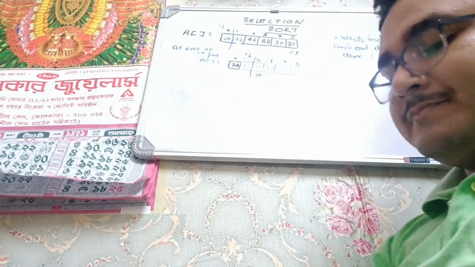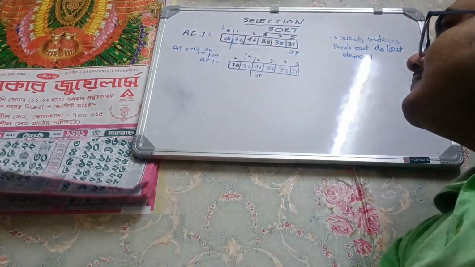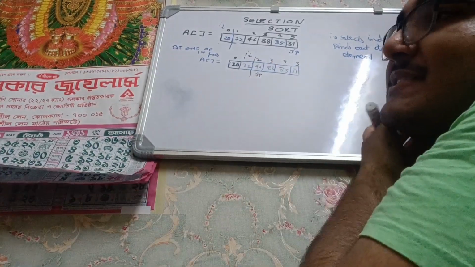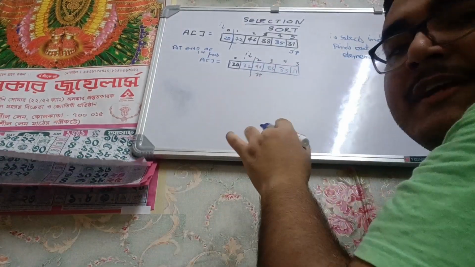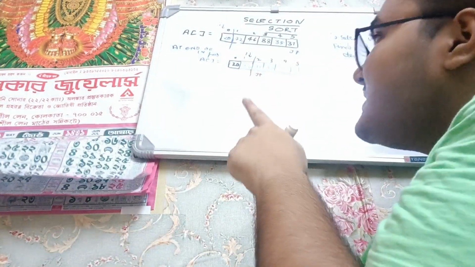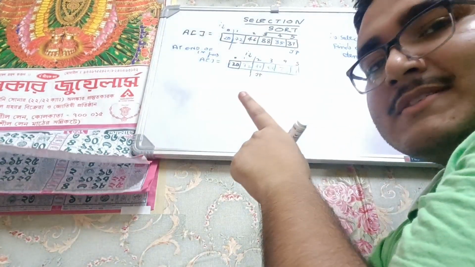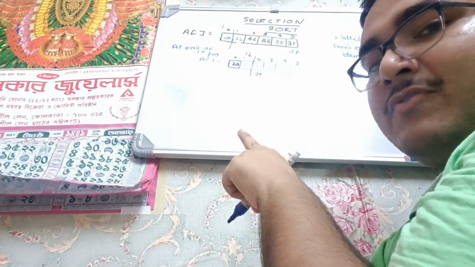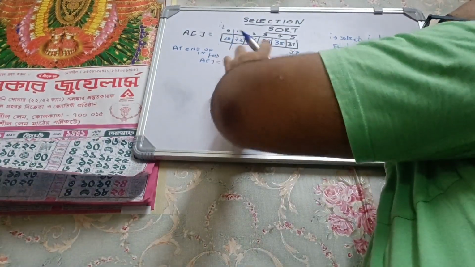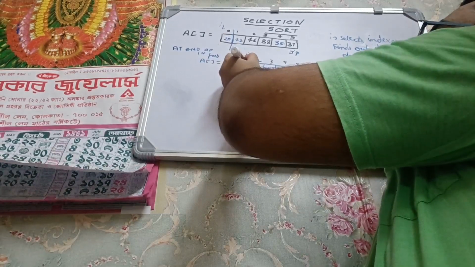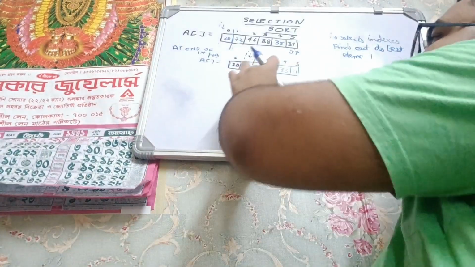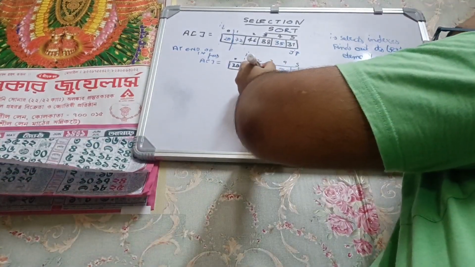Now i is pointing at index 1 and 72 is present at index 1. j is at 46. Is 72 greater than 46? Yes, and it is coming before 46. Therefore swap them. 46 comes here, 72 moves here, and j proceeds to the next element.